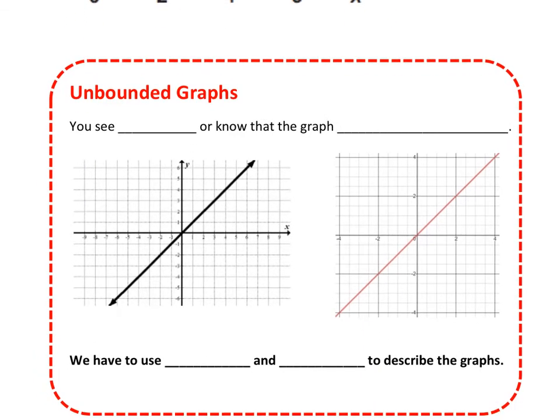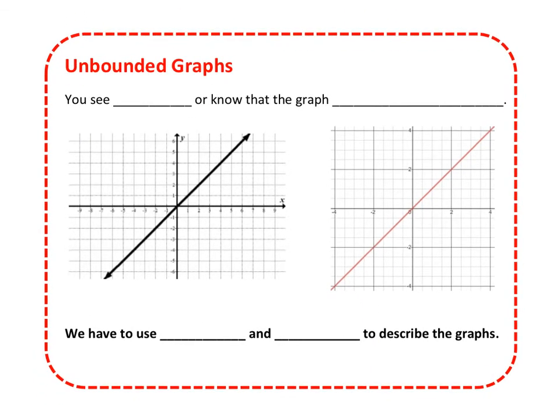These are called unbounded graphs because they don't have bounds or endpoints, and we know that we have an unbounded graph if we see the arrows, like this first graph, you legitimately see the arrows printed on the graph, or you know that the graph keeps going off screen, so extends off screen. Like this graph that's red.